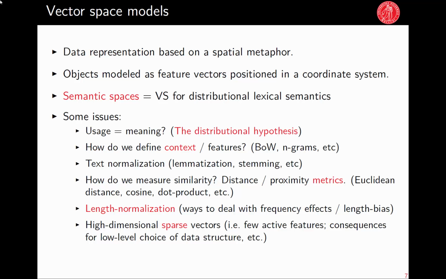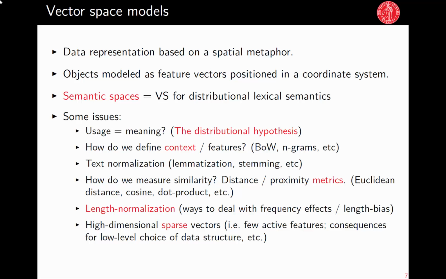We looked at different ways of defining context, different ways to do normalization, like lemmatization, stemming, and so on, different distance metrics that can be used, the importance of length normalization, and the effect that that has on reducing frequency bias and even speeding up some of the vector computations.